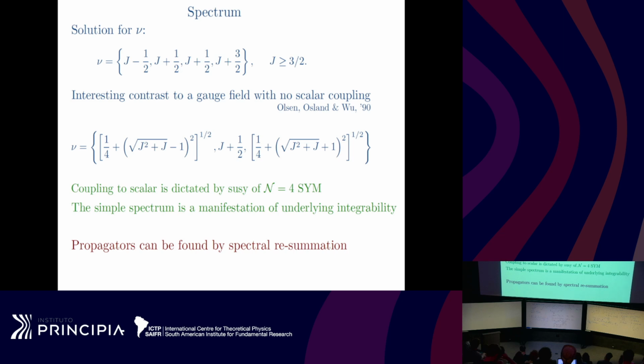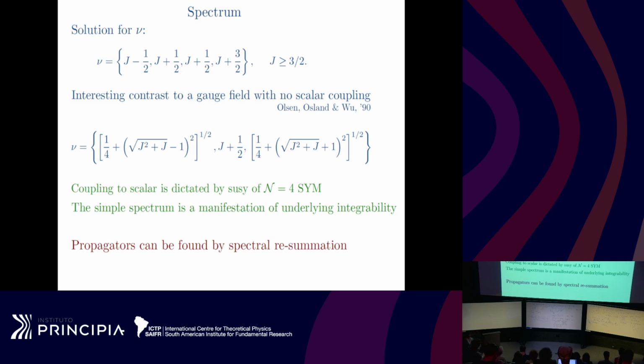And this is actually interesting to contrast to the case where you only have the gauge field and not the scalar, because in that case, these indices of the Bessel functions are much more ugly. They are not even rational numbers. They are actually irrational.